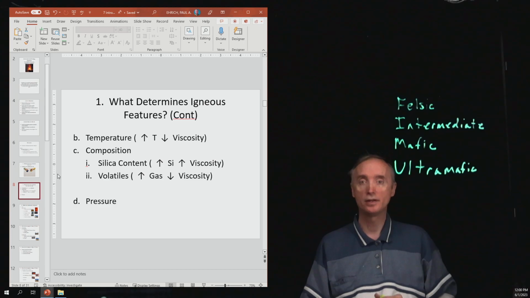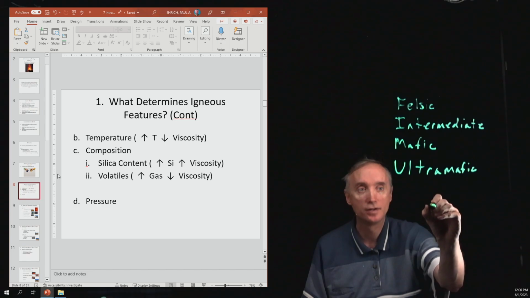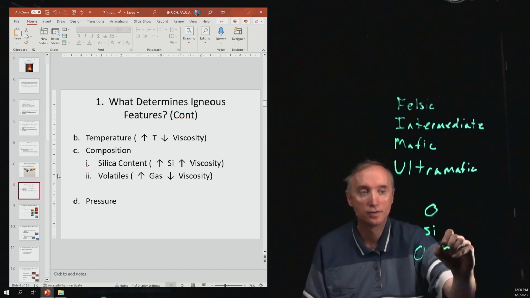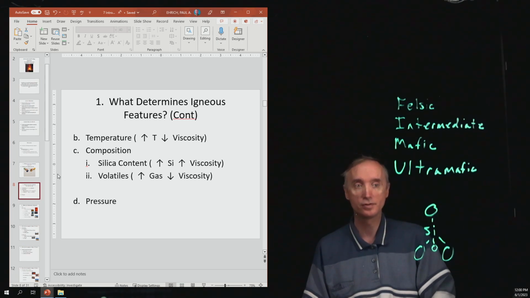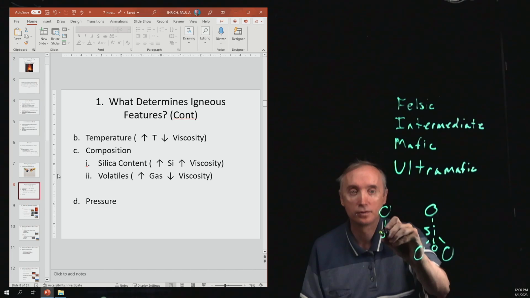It also depends on what it is made of. What's the lava going to be made of? If it has a lot of silica in it, then that's going to increase the viscosity. Imagine that you've got a silica tetrahedron over here. These are the fundamental building blocks of the silicate minerals. And let's say that you've got another one over here.